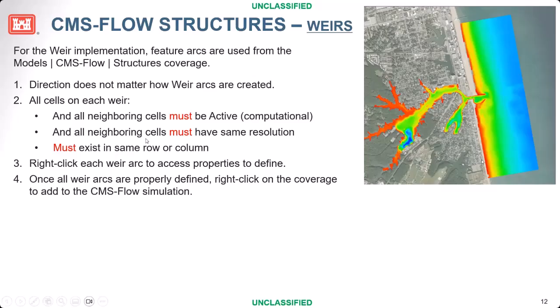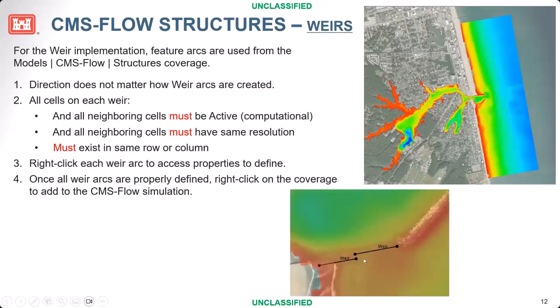Another restriction is that all neighboring cells have to have the same resolution. So you can't go from one side of the weir at a smaller resolution over to the other side of the weir with a larger resolution. And each weir arc must exist in the same row or column. And so here's one implementation of how we have this for our example.